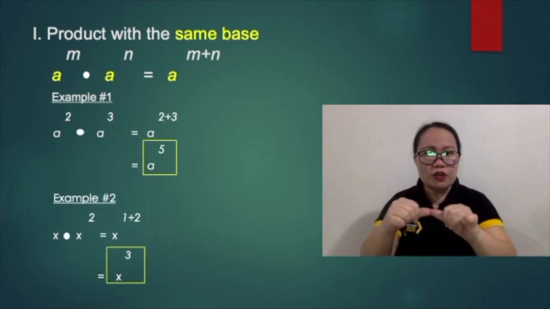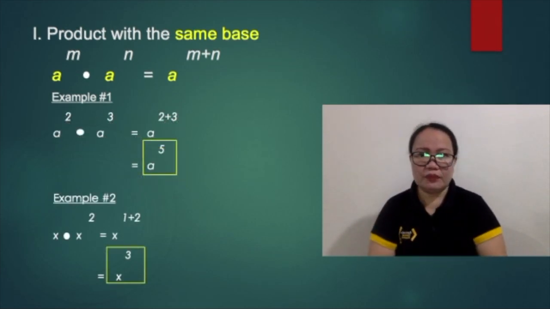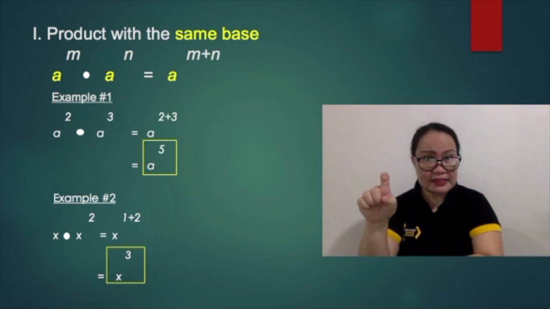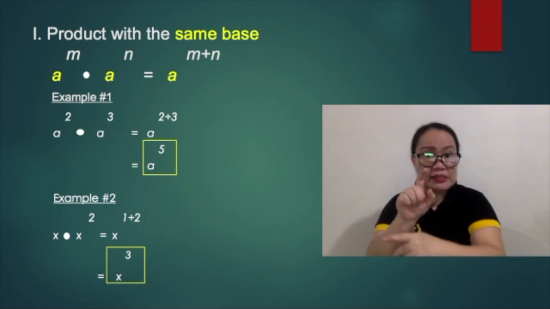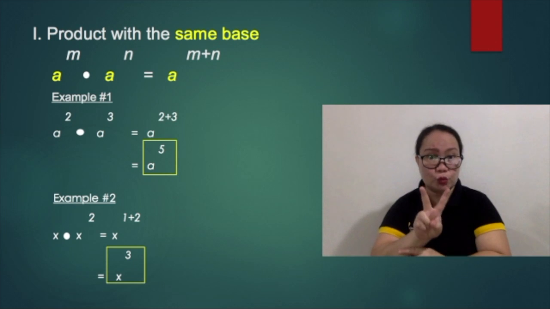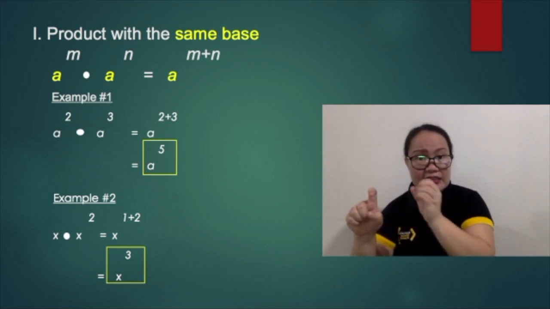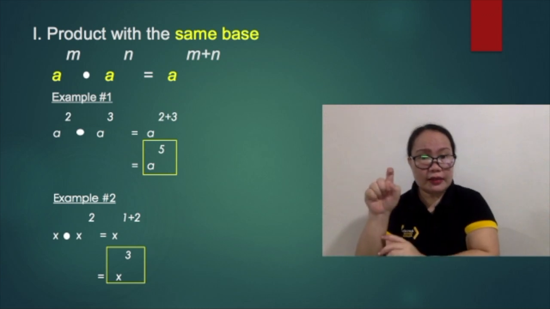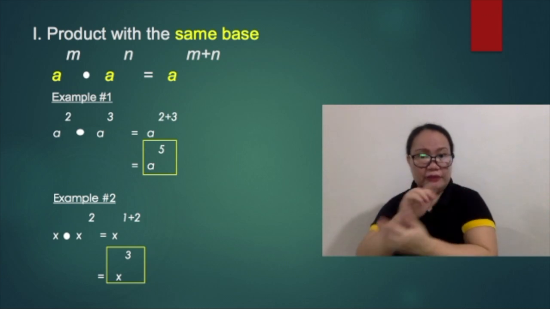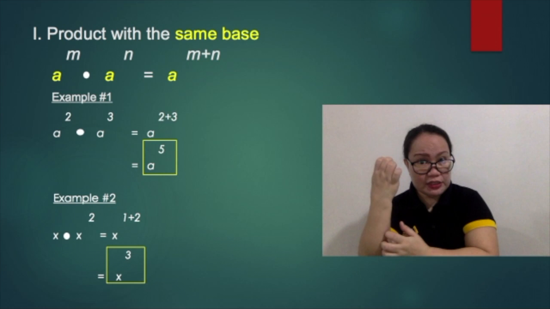Okay, let's move on to example number 2. x times x to the power of 2. You notice x here has no indicated power or exponent.